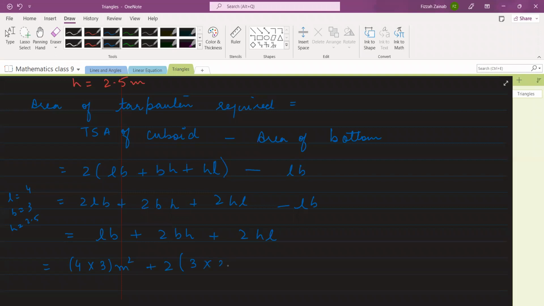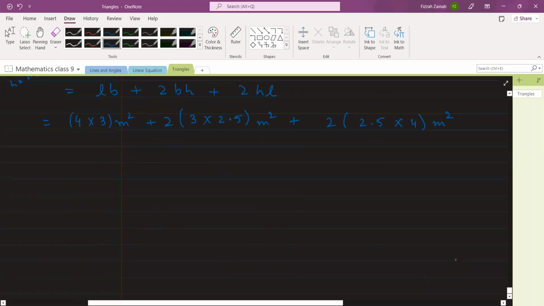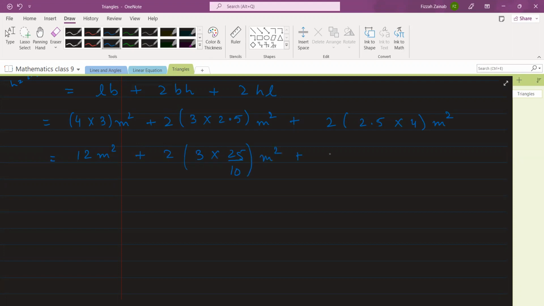So this is 4 into 3 meter square plus 2 into 3 into 2.5 meter square plus 2 into height 2.5 into L 4 meter square. So 4 into 3 is 12 meter square plus 2 into 3 into, now remove the decimal first, 25 by 10, plus 2 into 25 by 10 into 4 meter square.